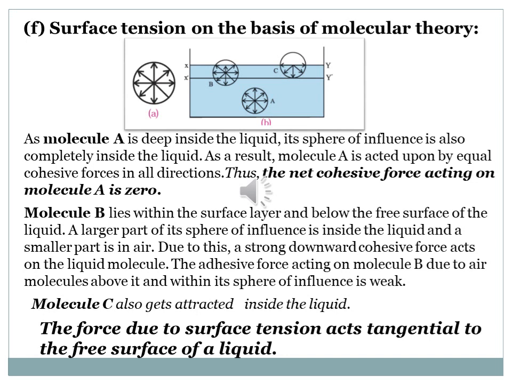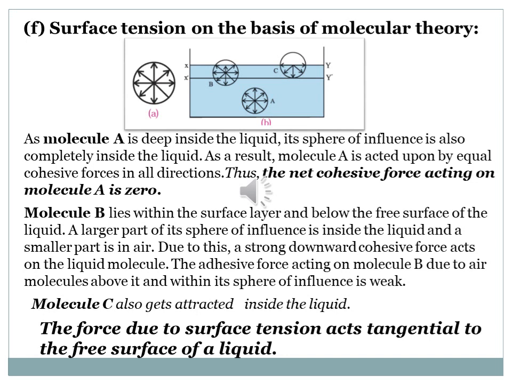Now we are going to study what surface tension is by considering all these three molecules. Look at the diagram. What will happen to molecule A? As it is deep inside the liquid, molecule A is acted upon by equal cohesive force, because it is surrounded by the same substance.